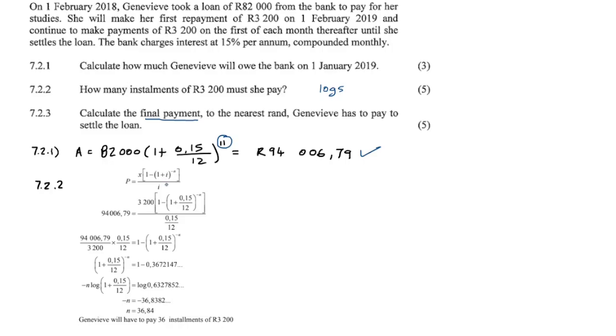The second aspect is, how do I work out how many installments it will be? So you've got this figure that you've just worked out. That's her new loan amount. You know that she's paying 3,200. It's a present value question because it's regular amounts and it's to do with a loan. And it's 15% compounded monthly.